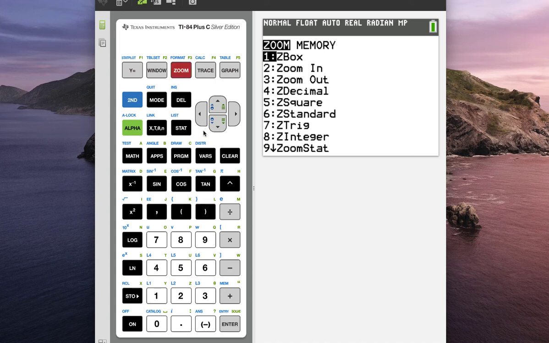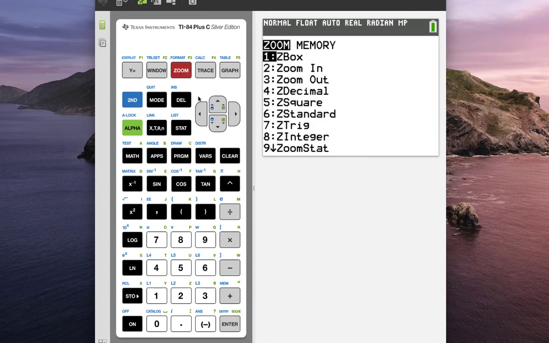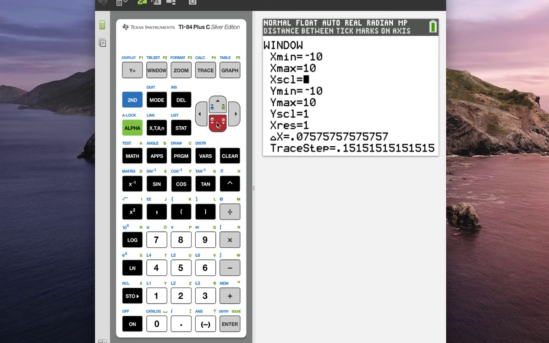I'll go to zoom standard. Okay, so looks pretty reasonable, I think. Oh, I meant to hit zoom standard. I don't think I did though. Let's try that. Ah, that's better. Okay, so general shape looks good. You might change your y values a bit to get a better picture of this.